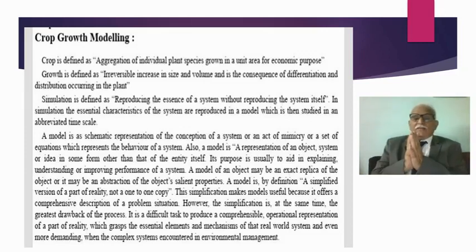What is a model? If you are going to very high ranges of Andean countries where hills are there, otherwise Himalayas or anything, Vindhyas or anything, when you see, your eyes can see only to a little extent.